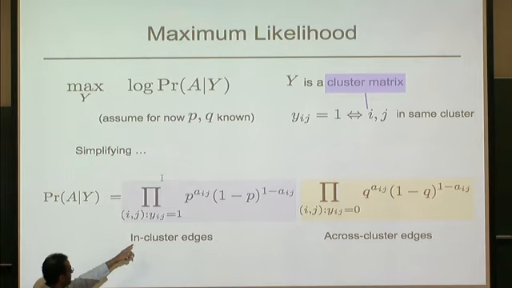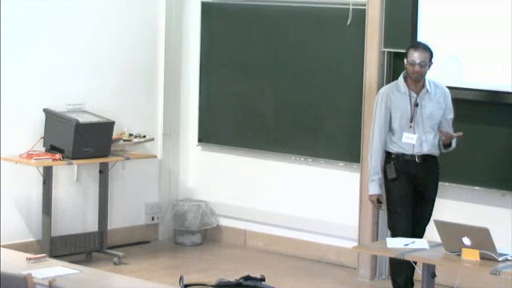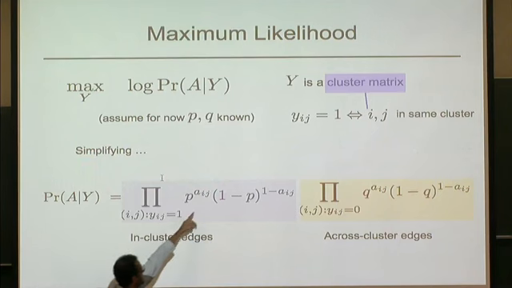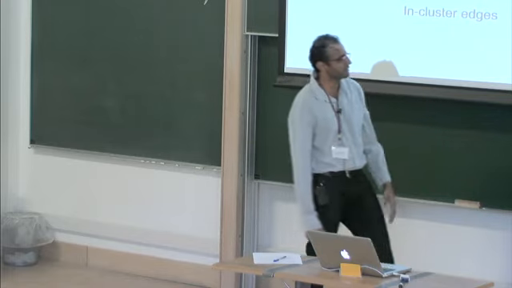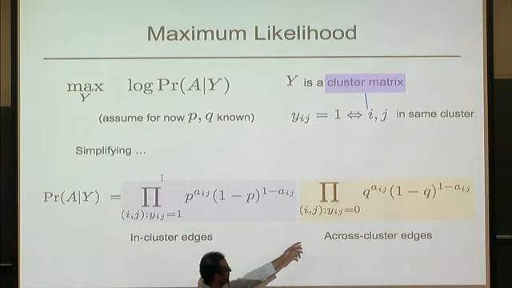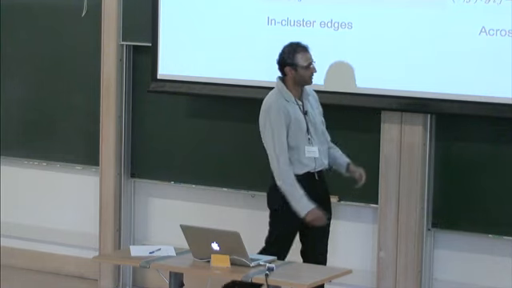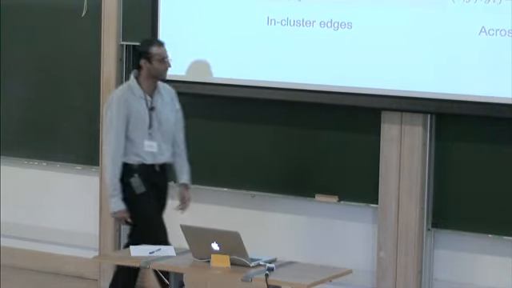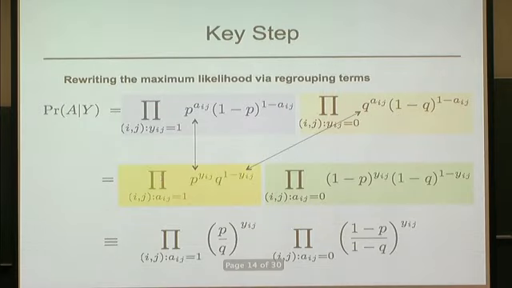If both endpoints are in the same cluster, that means that yij is 1, and then the probability that we see an edge is p, and the probability that we don't see an edge is 1 minus p. And so it's p to the power aij and 1 minus p to the power 1 minus aij. And there's a similar term for across-cluster edges where the two endpoints are in different clusters, and then it's q. So this is the likelihood.